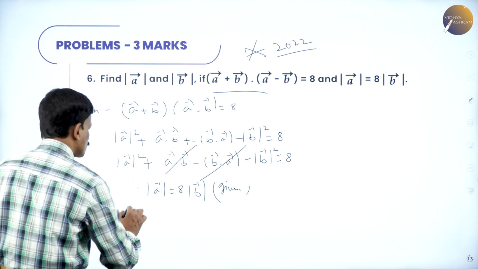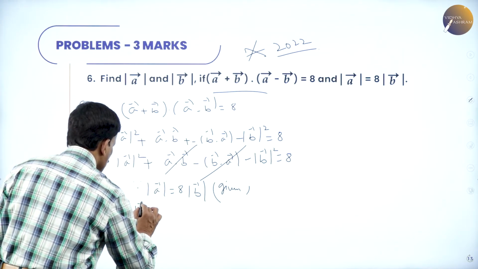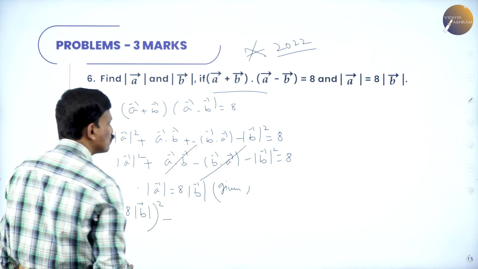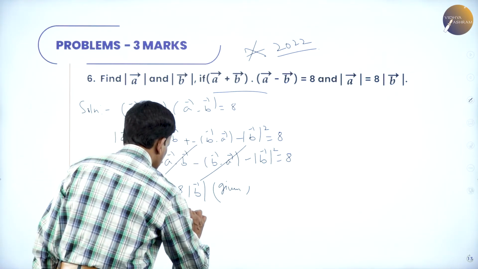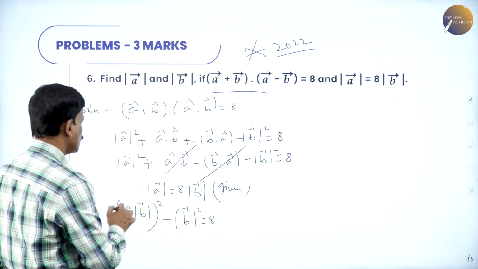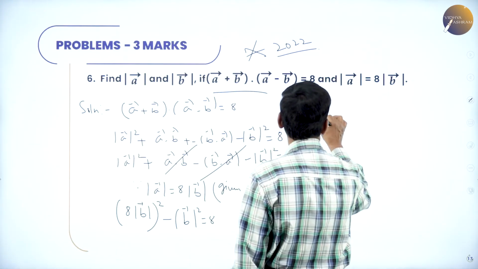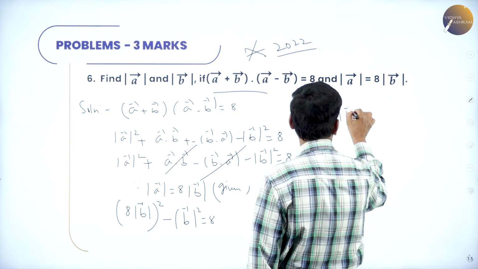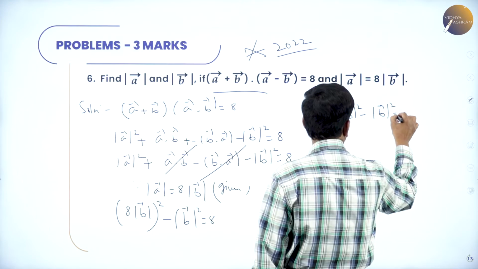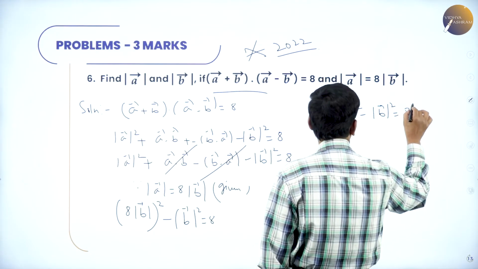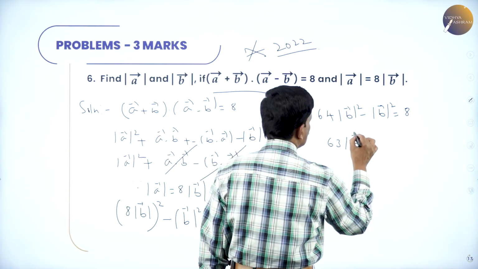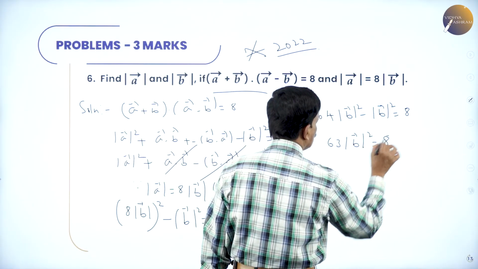Substitute here. So, this is 8 times length of vector b whole square, minus length of b vector whole square is equal to 8. So, 8 8s are 64. This is 64 into length of vector b square minus length of vector b square is equal to 8. 64 minus 1 is 63. 63 times length of vector b square is equal to 8.